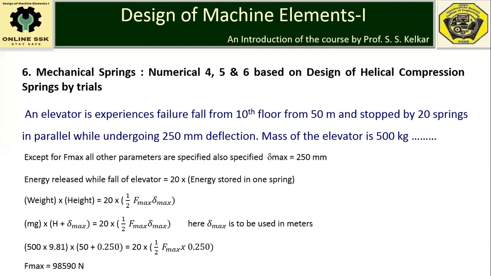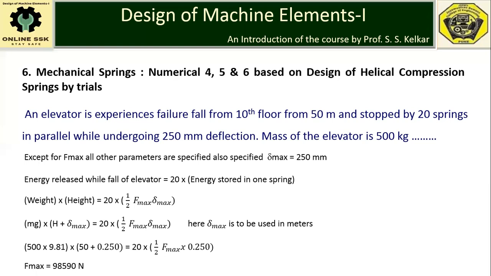While getting deflected, they will absorb the energy of the elevator. So what is the energy content inside the elevator? That is the kinetic energy, but ultimately it is the potential energy when it is at a certain height. Weight multiplied by height gives you the potential energy of an object.